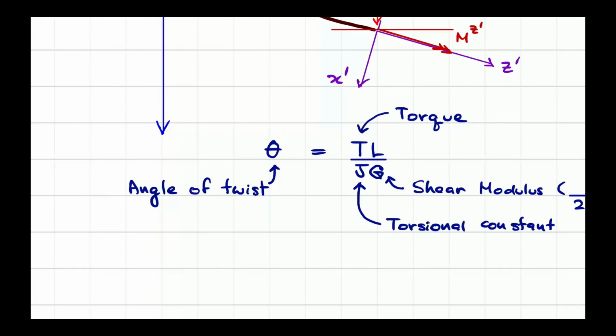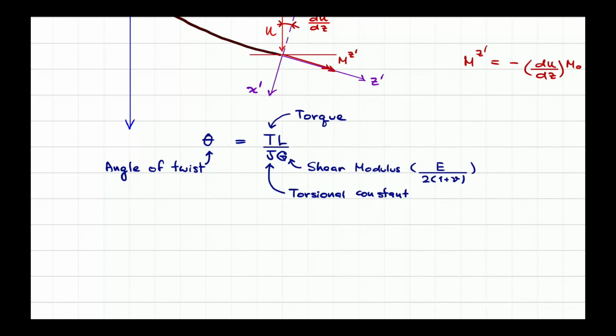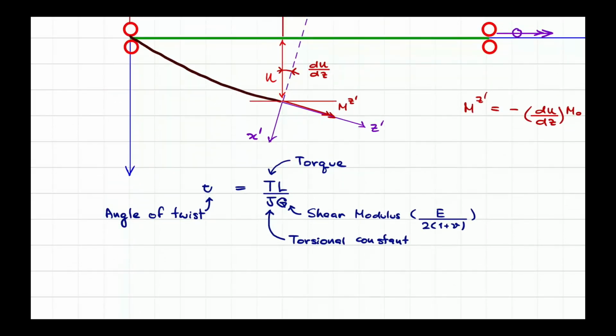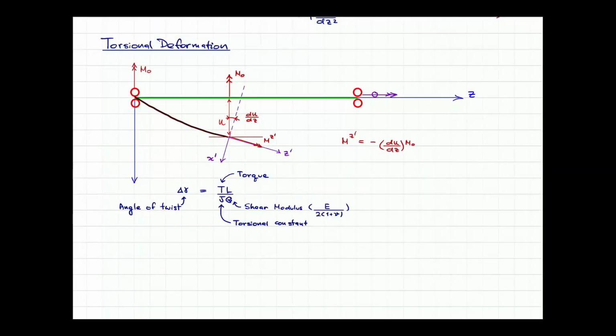Okay. For here, the theta here will be replaced by the delta gamma. The change of gamma. So if you measure the gamma from one point to another, that's the rotation.